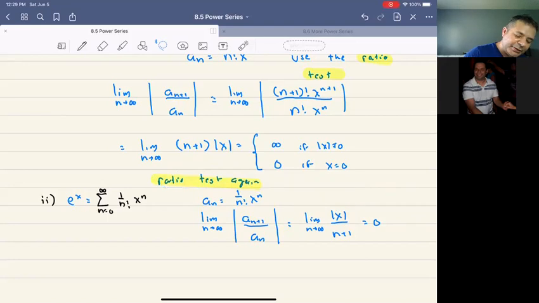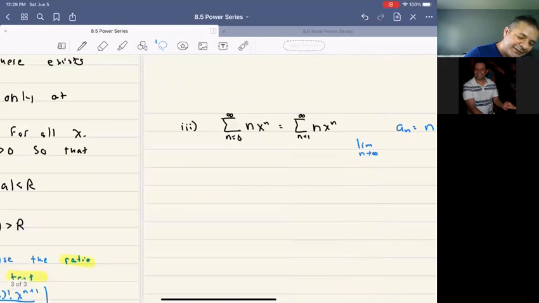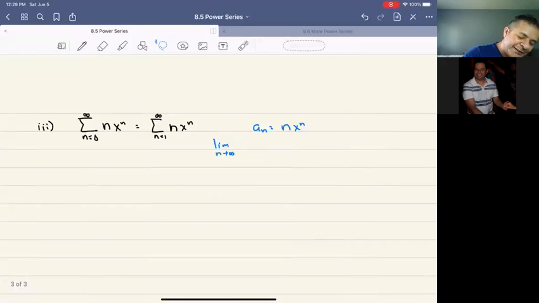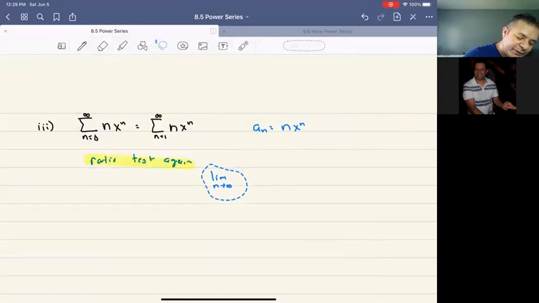Okay, and we're going to do it yet again, so I will just copy and paste that, showing the extent of my laziness. So we're going to use the ratio test yet again. We're going to take the limit as n goes to infinity of a sub n plus 1 over a sub n.